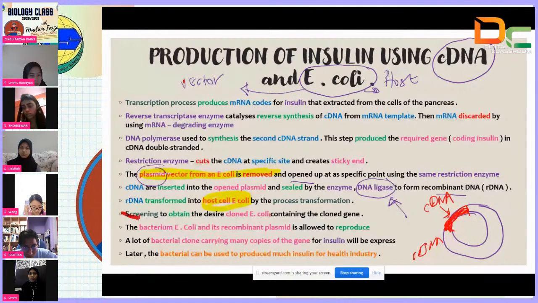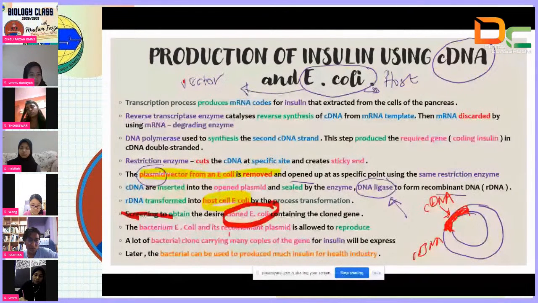Why do we need the screening process? Because we want to choose which E. coli bacteria can take up the recombinant plasmid in order to amplify, to make many copies of the cDNA which carries the gene of insulin.